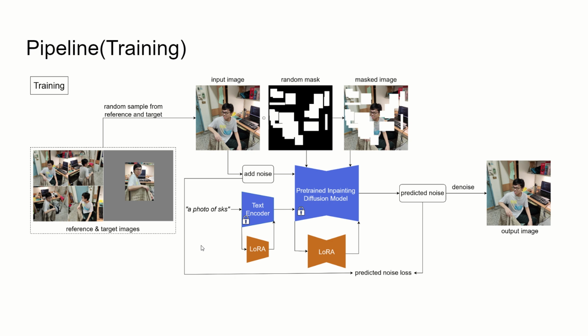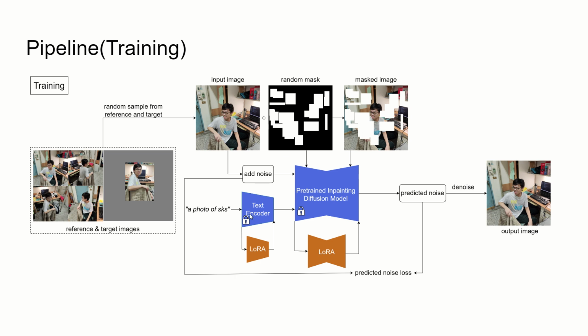This is our pipeline. We inject LoRA weights into both the text encoder and UNet in the diffusion model. Since the image will do cross-attention with the text embedding and self-attention to itself, the UNet will take the noisy latent of an image randomly selected from the reference images and original masked images. It also takes a latent of the randomly generated mask and the masked image latent.